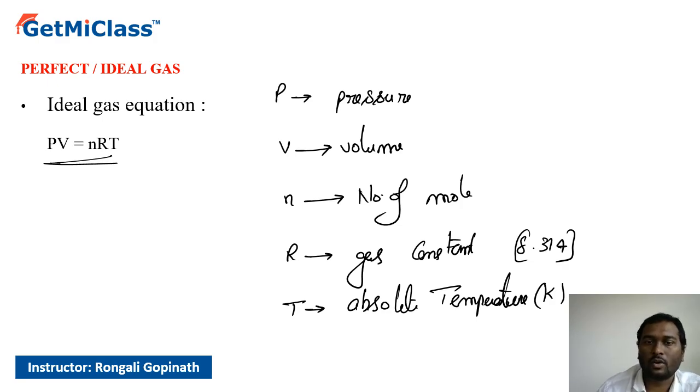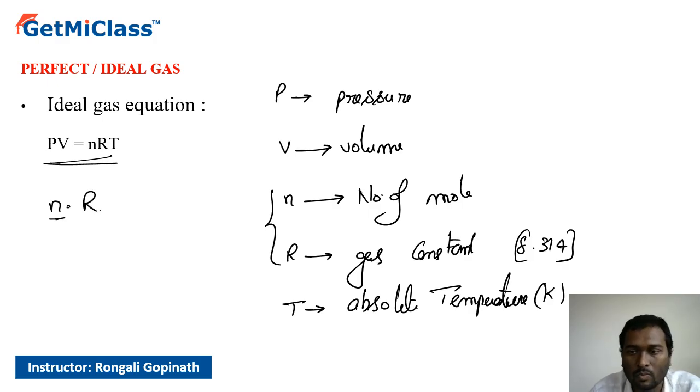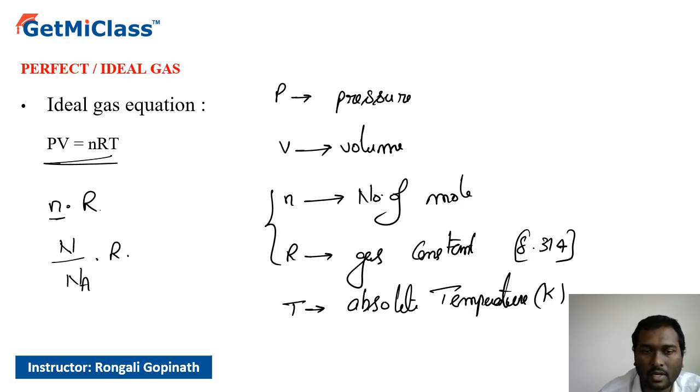Now in this we are going to discuss mostly about this n and R. How can we convert this into a different constant called the Boltzmann constant? Okay, let's take number of moles into R. This number of moles can be written as total number of molecules N divided by Avogadro number, into R, right?